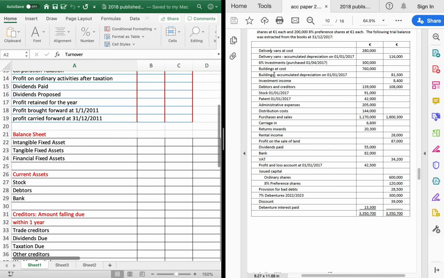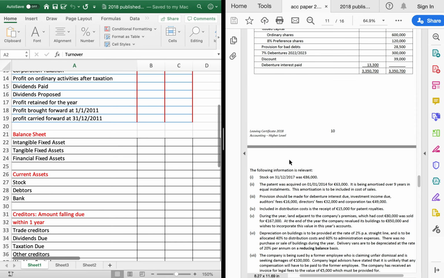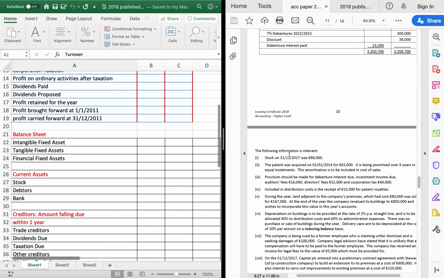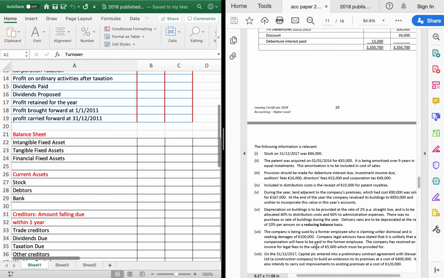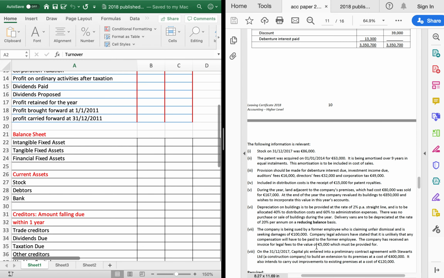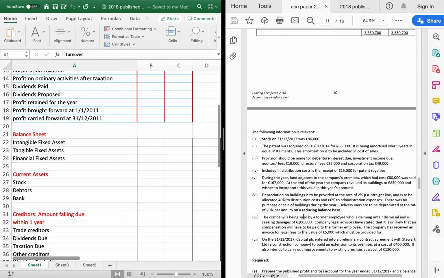You will revalue buildings. So somewhere in the question, it's going to tell you that buildings are going to be revalued. So what does it say?